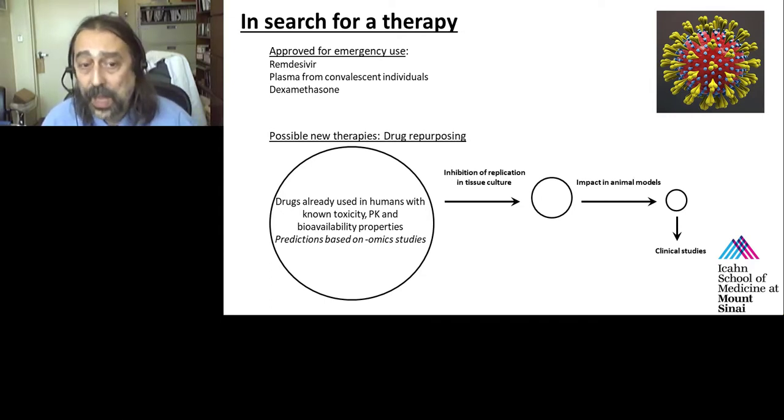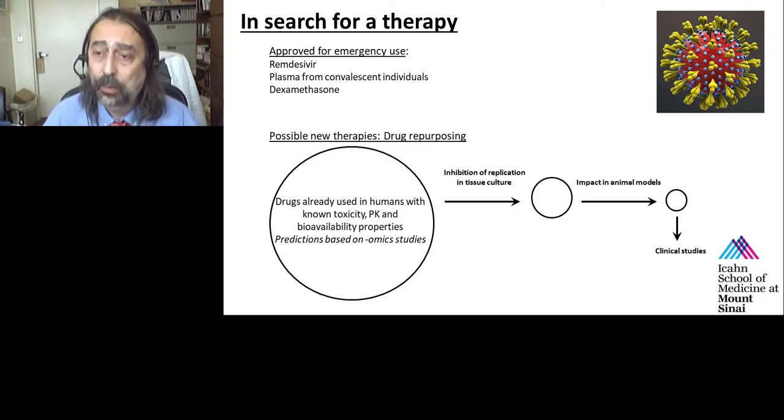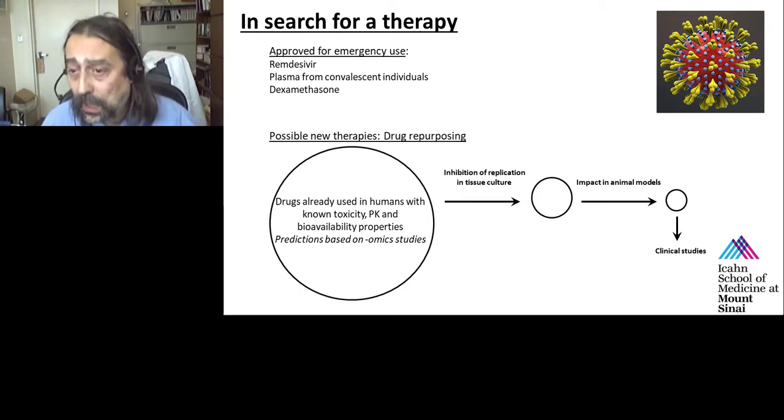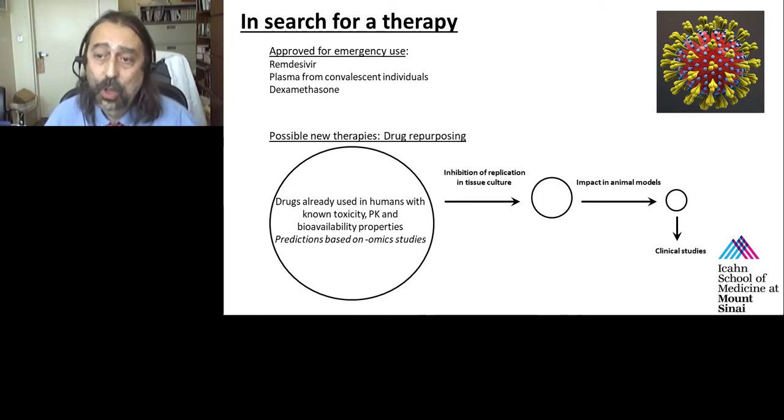And in order to do that, the strategy that we're using, we call it drug repurposing, and it's not only us that are doing that, but there are many people that are also doing that. What is drug repurposing? This is using the already existing drugs that have been used in the clinic in humans. So we know something about the effect, the impact of these drugs, what the adverse events are, what the targets are, and for what indications they have been used.